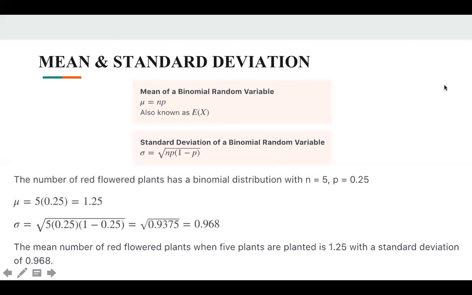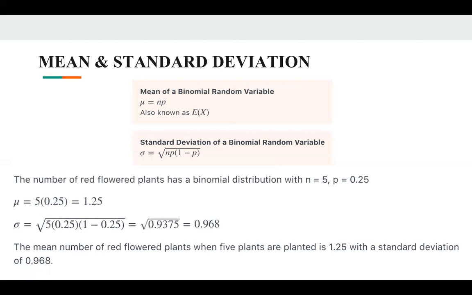The number of red flowered plants has a binomial distribution, and the sample size equals 5, and the probability equals 0.25. To calculate the mean of this, you would take n times p. That would be 5 times 0.25, and your mean would equal 1.25. Next you see the formula for the standard deviation.